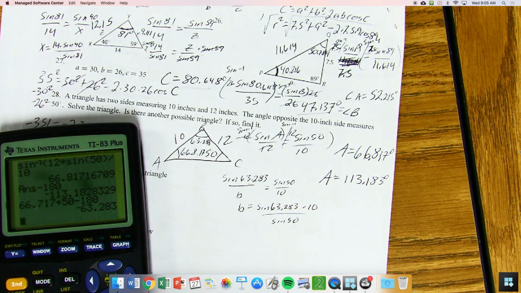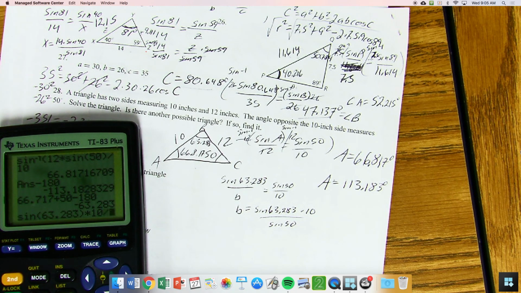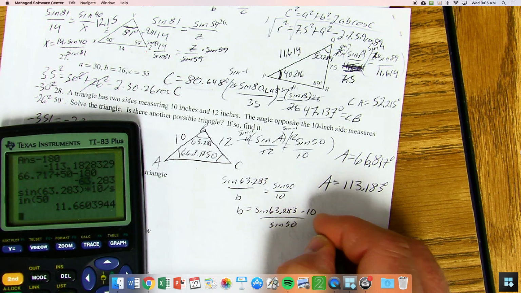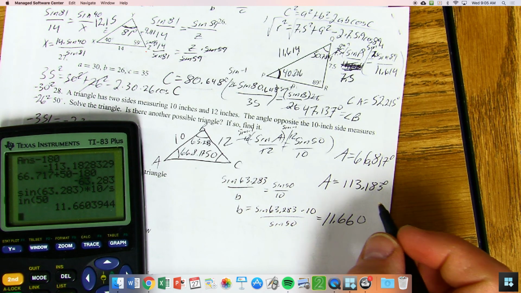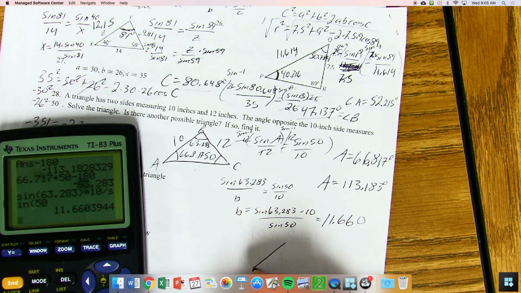Plug in your calculator just like that. So sine 63.283 and that parenthesis times 10 divided by sine 50, and you get 11.660. So b equals 11.660. That's one triangle.